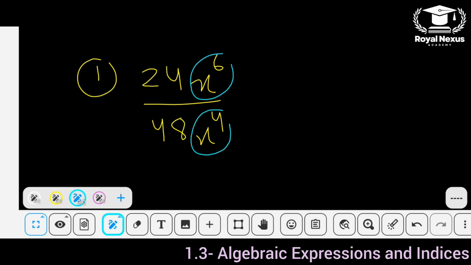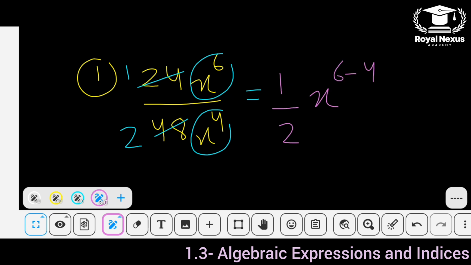The first step is to simplify the fraction. 24 times 1 is 24 and 24 times 2 is 48, so the fraction will be 1 upon 2, and the powers will be subtracted, so it will be x raised to the power 6 minus 4. So the final answer is 1 upon 2 times x to the power 2.